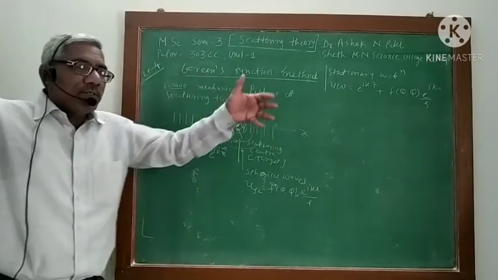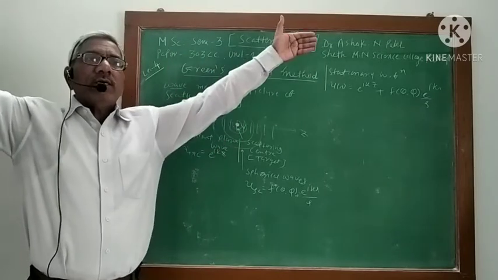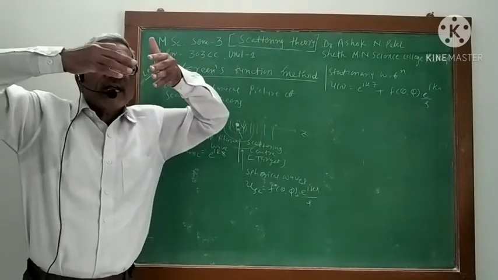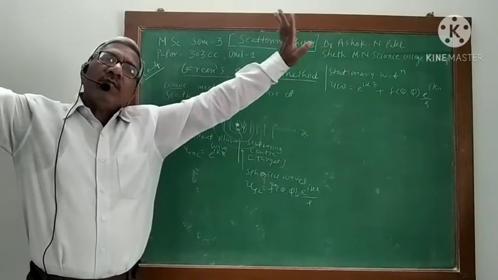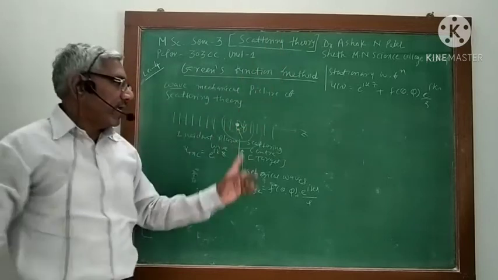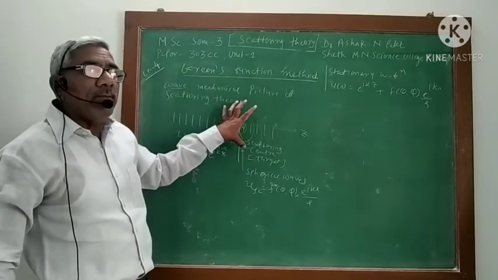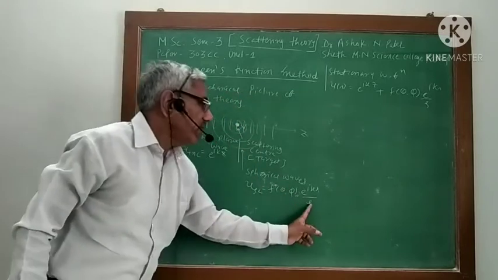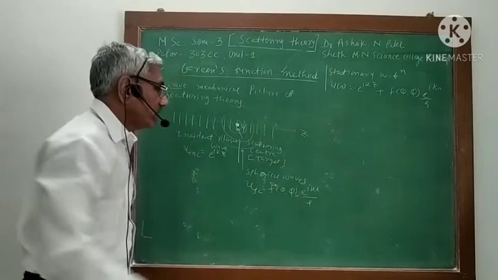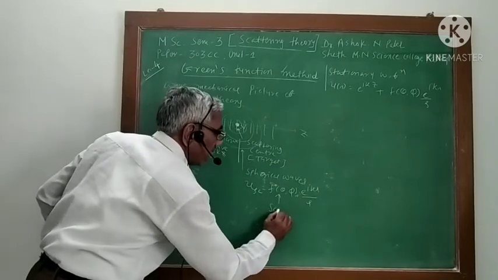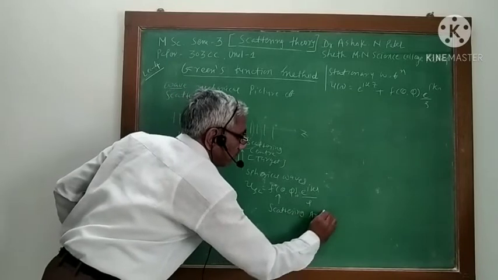Because when the spherical scattered wave moves radially outward, its magnitude decreases with the radial distance. As distance increases, the scattered wave amplitude decreases. That's why I have divided by r. And this coefficient is nothing but the scattering amplitude.